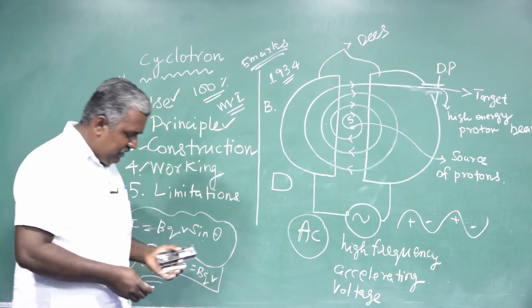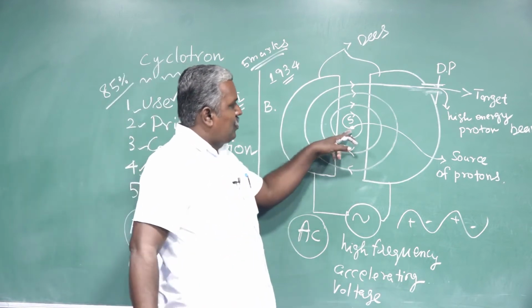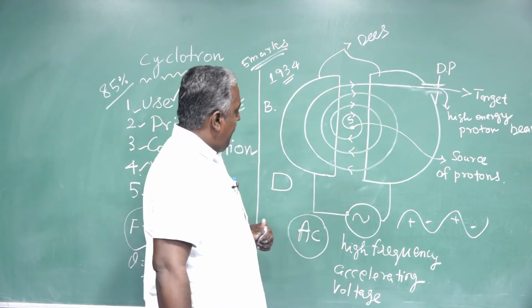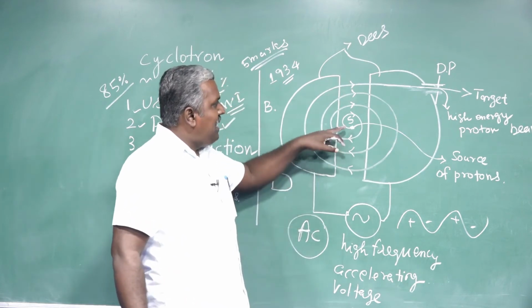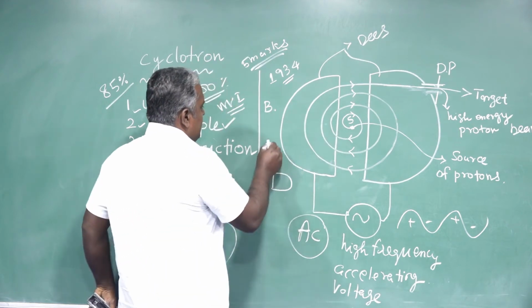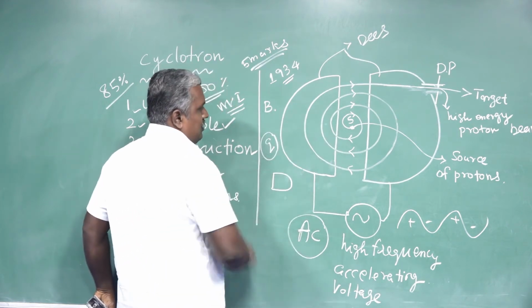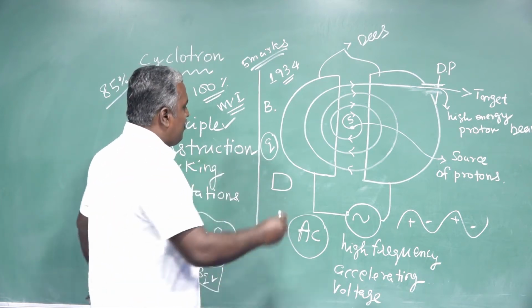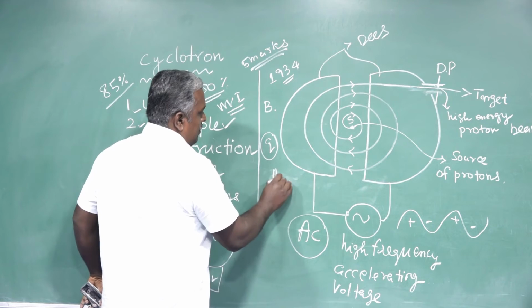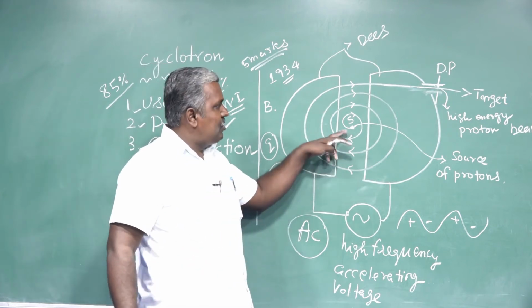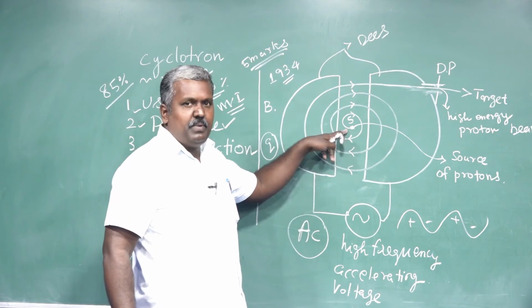Very simple this. Okay, listen. Source of proton or source of ion. When the positive ion, that is important, of charge small q and mass small m is ejected from the source, listen properly here.